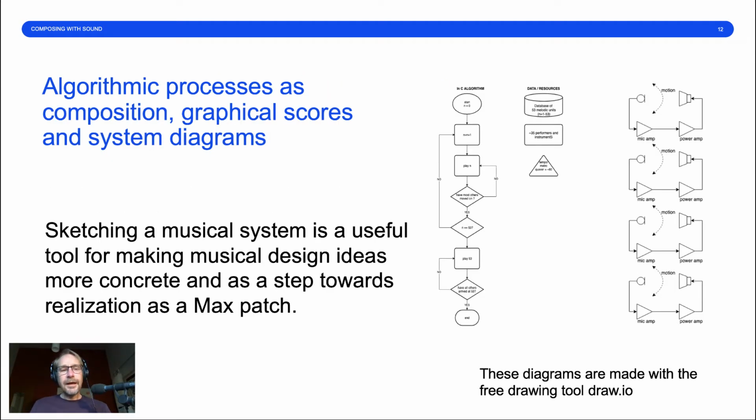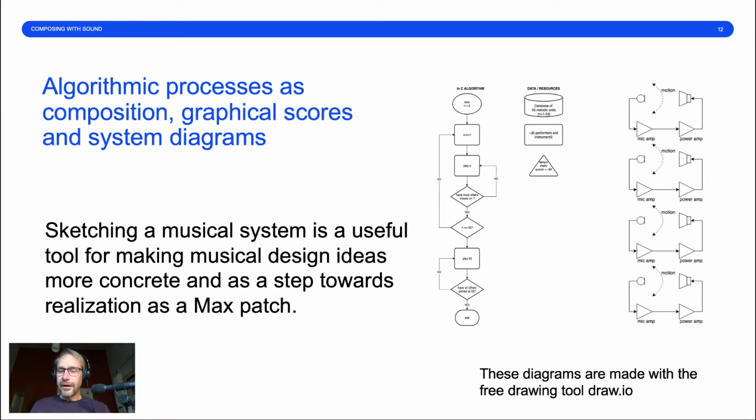So to recap, we've considered algorithmic processes as approaches to composition. We've thought a little bit about graphical scores and system diagrams. I want to encourage you to think about sketching musical systems as a useful tool for making musical design ideas more concrete and as a step forward to realizing a Max patch.